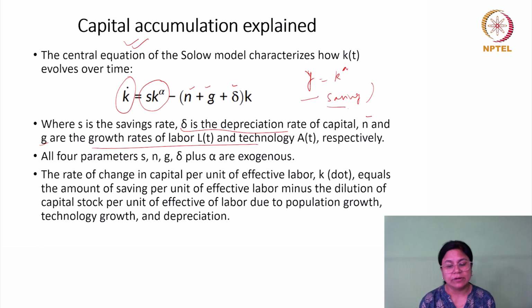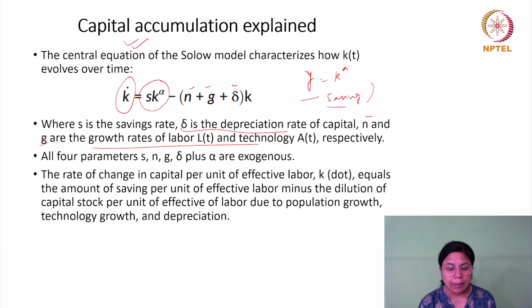So this equation tells us that if saving happens to equal the dilution of the capital per unit of effective labor, then k dot, the capital per unit of effective labor, reaches a steady state value k star, and it will no longer change. The economy in that case is said to be in a balanced growth path.